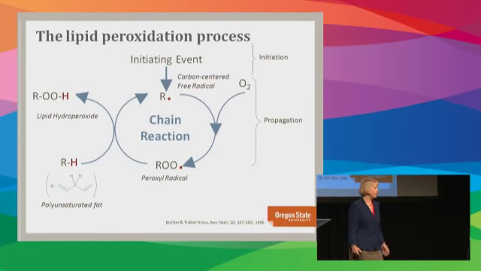And it's really quite obvious that you have an initiating event and make a carbon-centered radical. Well, I'm a nutritionist. I said to my chemist friend, what do you mean, initiating event? And he said, well, you know, like gamma rays from outer space. And I'm thinking, well, how important could that be?